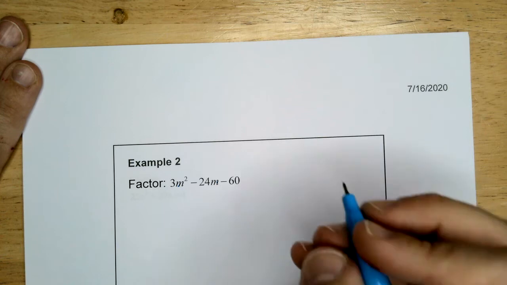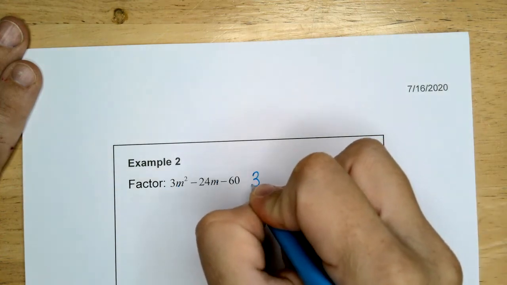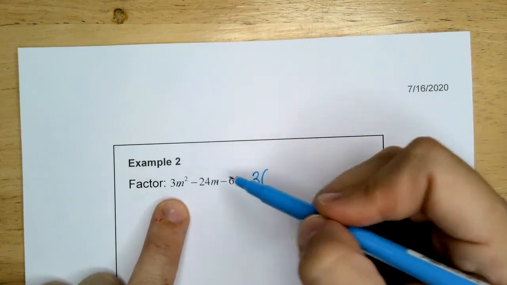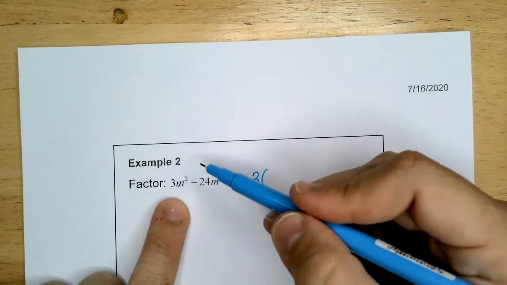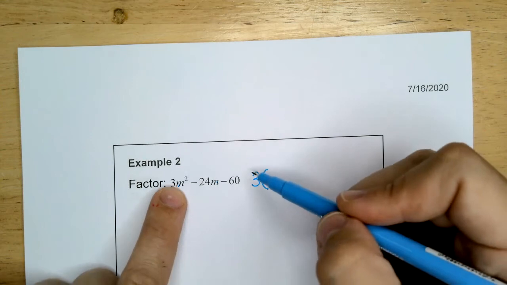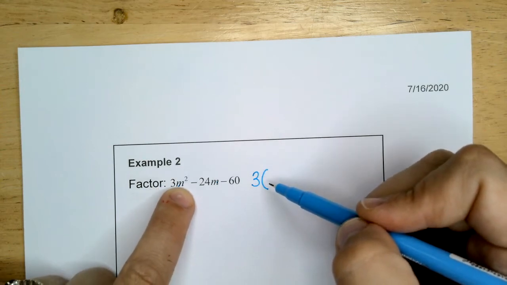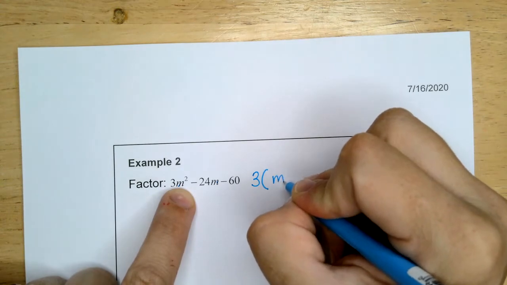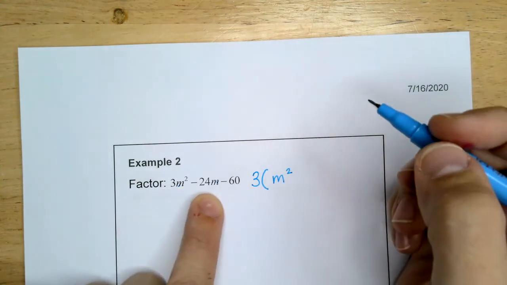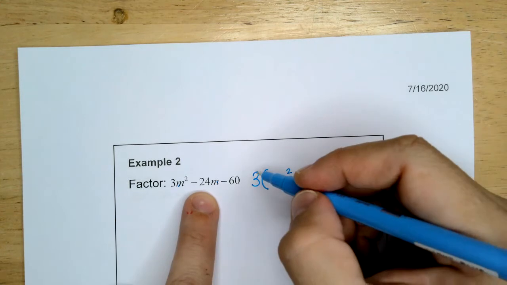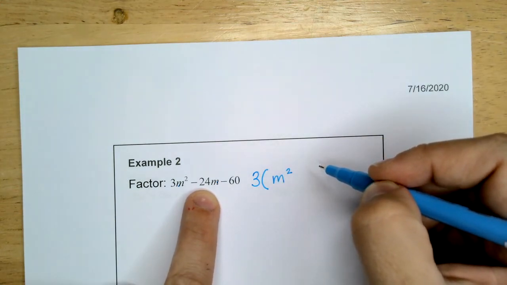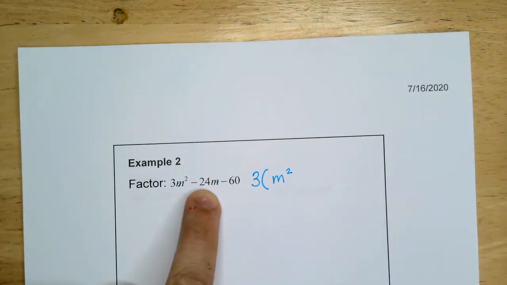Okay? So if I take out the 3, just like we did last class, what can I multiply by 3 to get 3m squared? Just m squared, right? What can I multiply by 3 to get negative 24m? So now I could even divide.